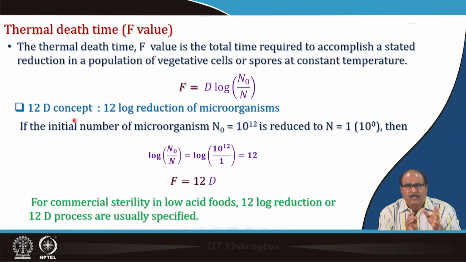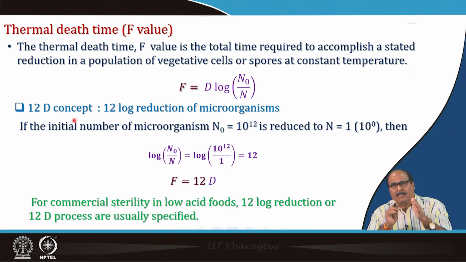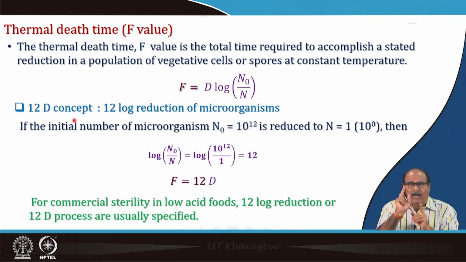For example, if the food initially has 10 to the power 12 microorganisms, then after the 12D process it will be reduced to 1. That is F equals 12D.